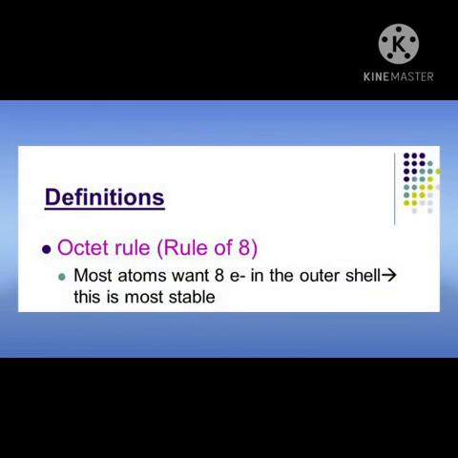Now we discuss the octet rule. 8 electrons in the outermost shell definitely give stability to the atom. Based on these observations, the octet rule is framed. The atoms of elements tend to undergo chemical changes that help to leave their atoms with 8 outer shell electrons.